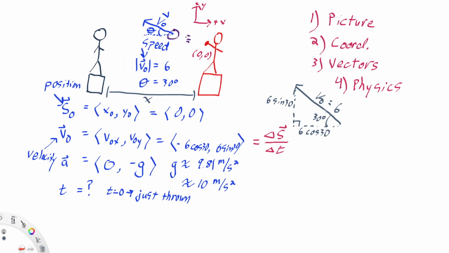Right, so we're going to add one more vector that we're interested in here. We are interested in the final position of the ball. The final position of the ball is going to be some distance in the x direction. It's still going to be 0 in the y direction, though, assuming that the fellow on the left is the same height as the red person.